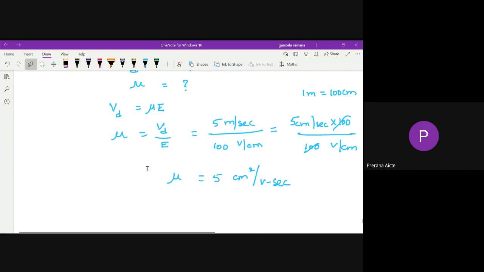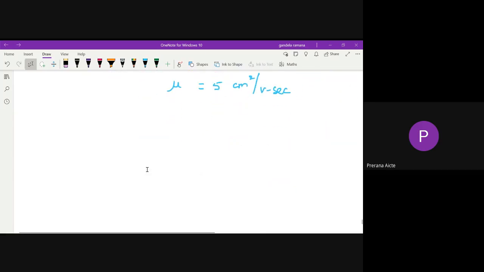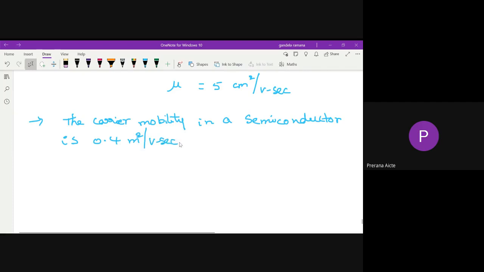So now the next question. The carrier mobility in a semiconductor is 0.4 meter square per volt second.